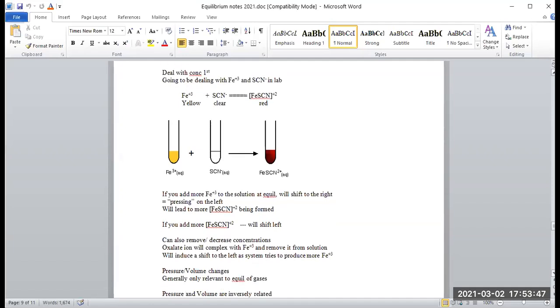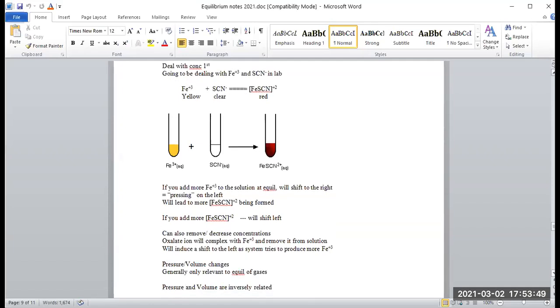Now, what can I do to this to make the equilibrium shift? All right, well, if I add a little more iron, think of this as sort of metaphorically taking your finger and pushing on the tube where the iron is, which is going to squish it toward the right-hand end.